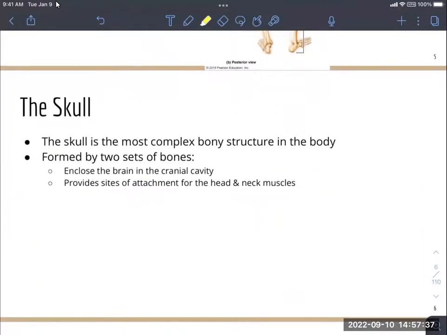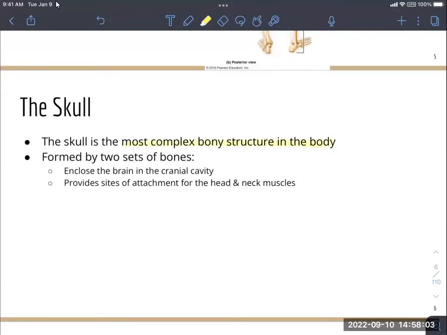So we're going to start with the skull. There's a lot of bones in the skull and a lot of parts to bones in the skull. The skull is probably the most complicated bone with features and parts in the entire body. As I just said, it's the most complex bony structure in the body.